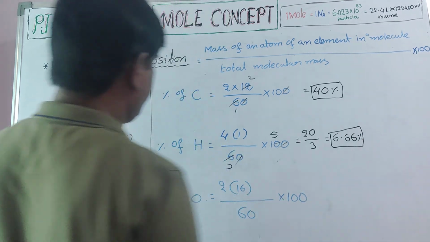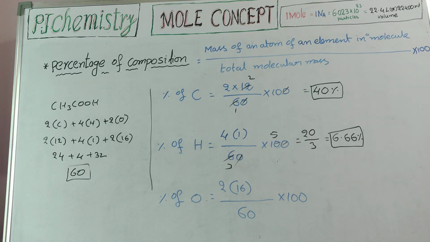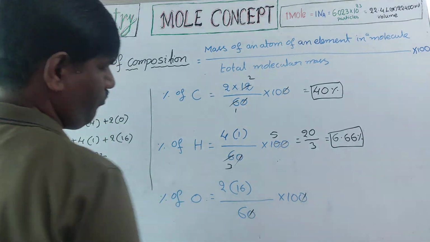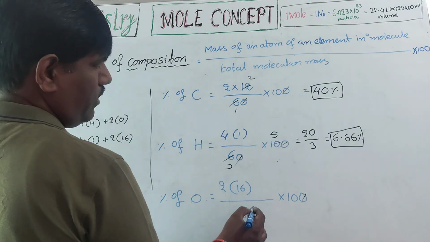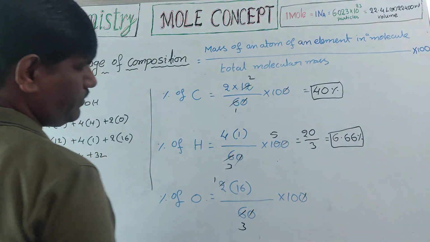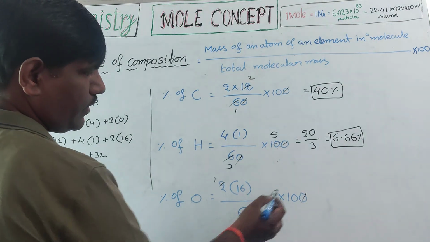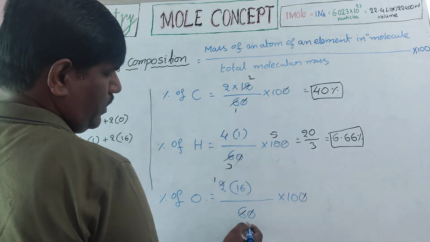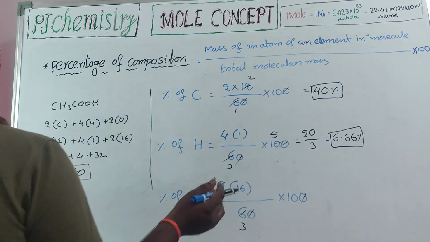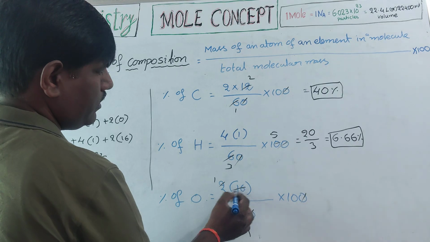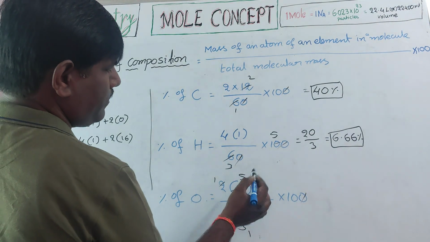So, hydrogen percentage is 6.66. Next, same way, 2 ones, 2 threes. 3 ones, 3 fives there.